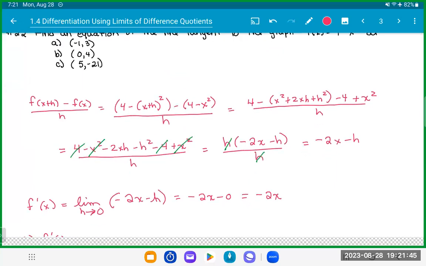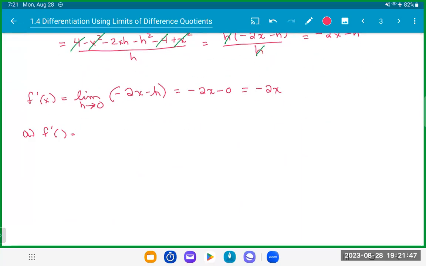So f prime of -1 is going to give me -2 times -1, because we're doing it based off of this. And so that equals +2. That tells me that the slope of the line tangent to that curve at that point, -1, 3, is 2.